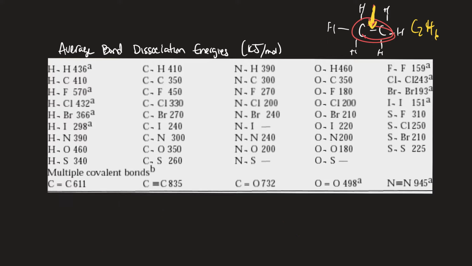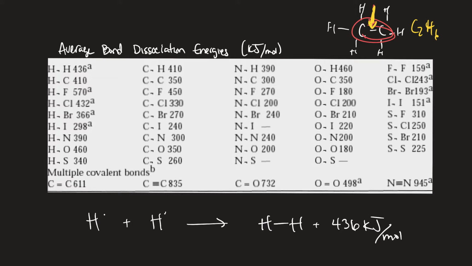If you take two hydrogens and they create a bond, it's going to release 436 kilojoules of energy. We show this by putting it on the product side, since it's being released.